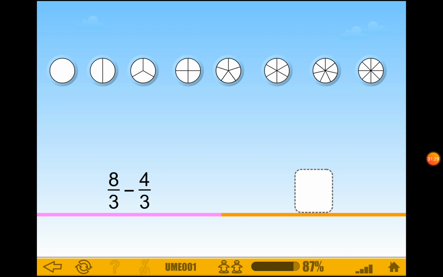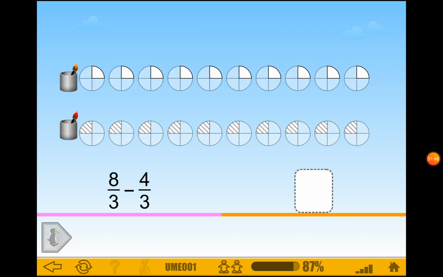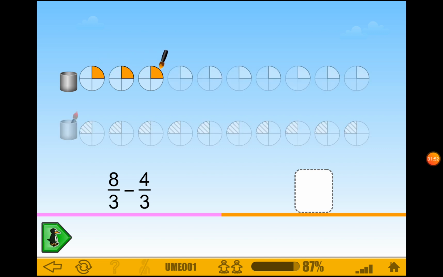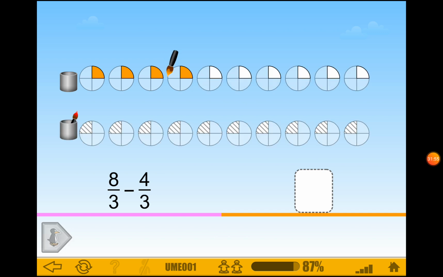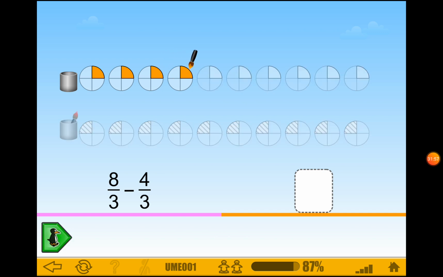Well, in this one, 9 minus 5 is 4, and the denominator is the same. Oh, that would be 4/3, which is right there. And then 1, 2, 3, 4. Oh, wait, that's the wrong one.